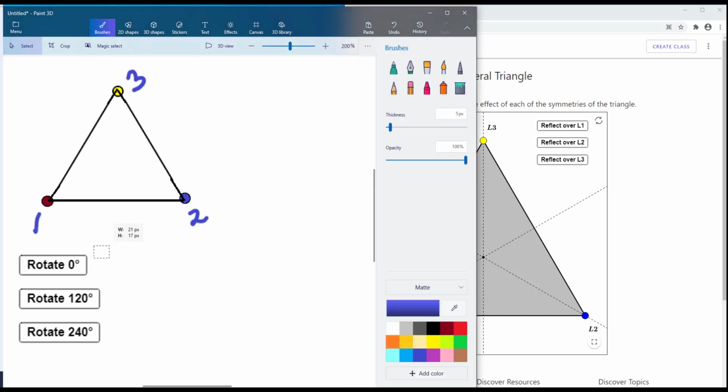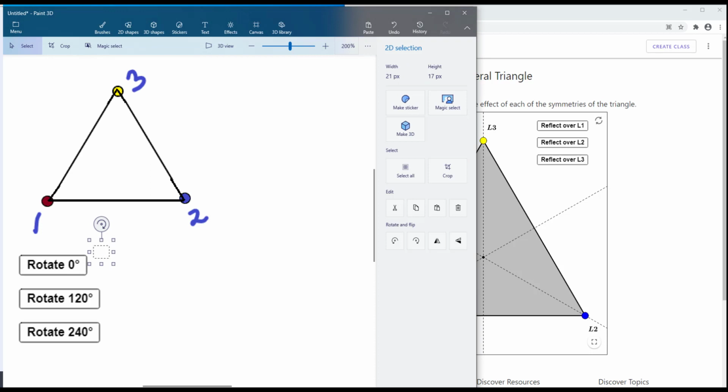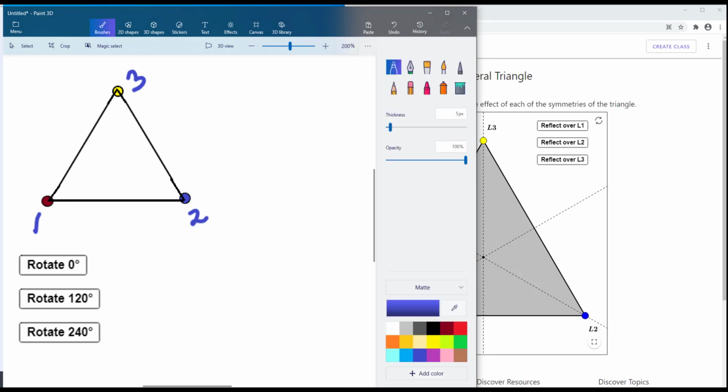So in this case, if we look at this rotation by 0, it corresponds to identity, right? Because no change. So 1, 2, 3, they stay at 1, 2, 3.